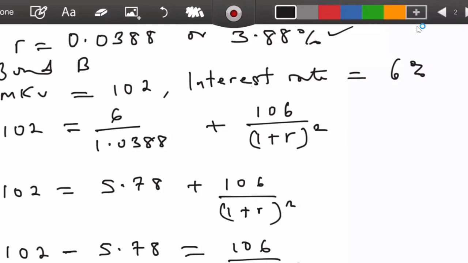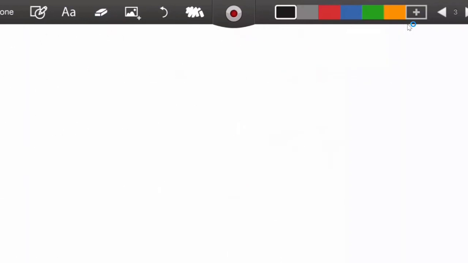So this minus this gives 96.22, equal to 106 all over 1 plus R raised to power 2.